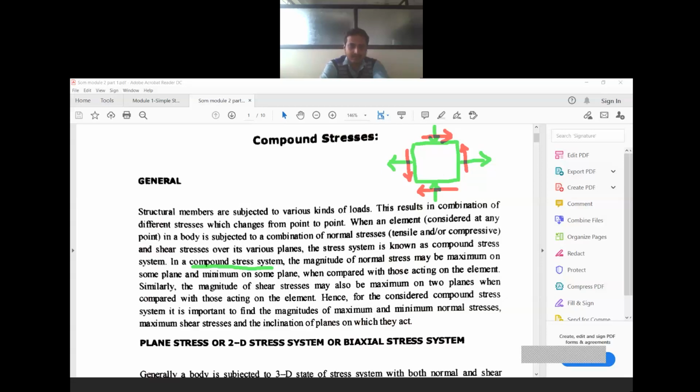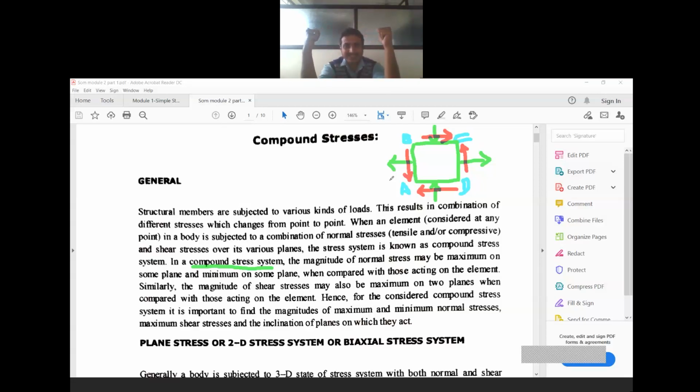Say I shall name the plane here. So we have plane ABCD. At planes AB and CD, we have tensile stresses.